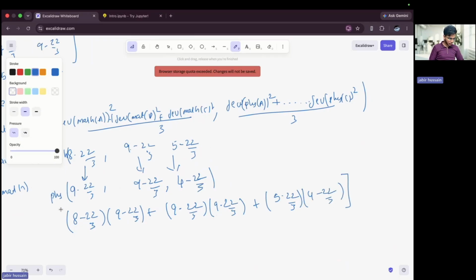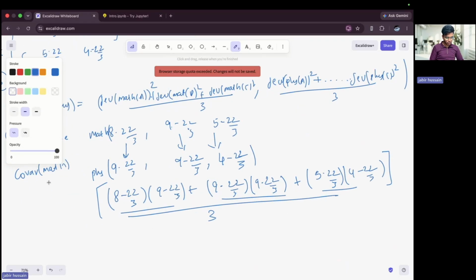After multiplying all this, how many points we have? First point, second point, third point. So divided by 3. This will be the covariance of the given data.